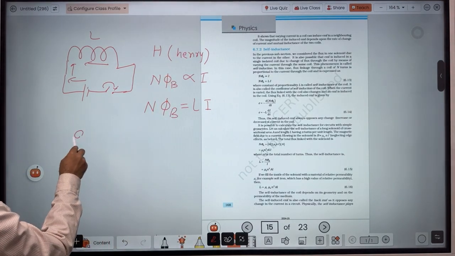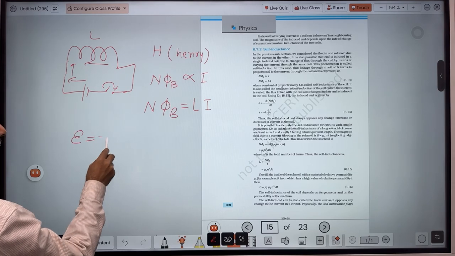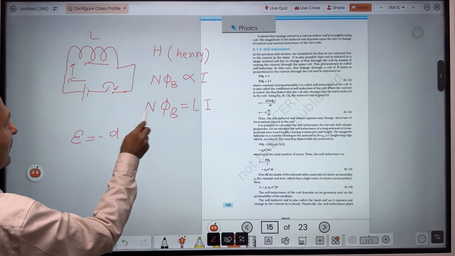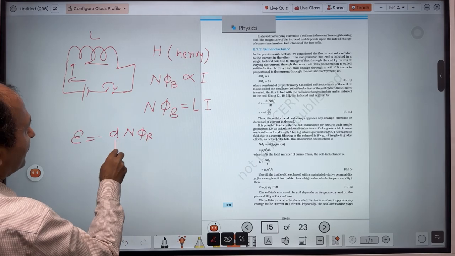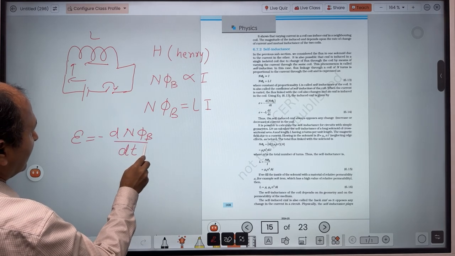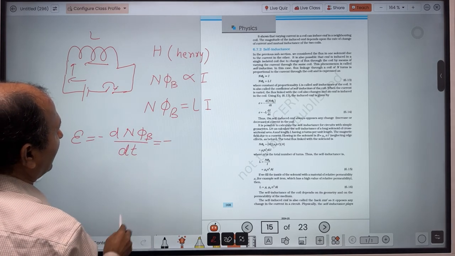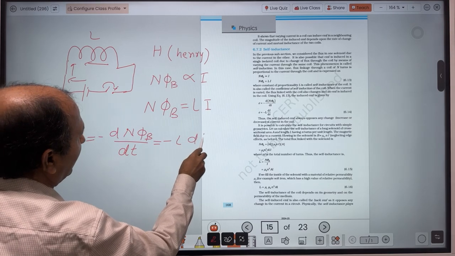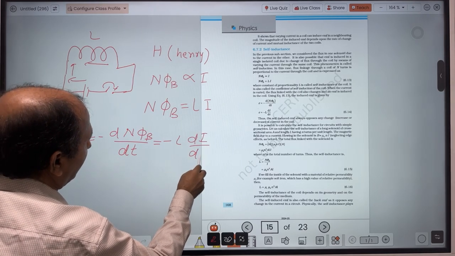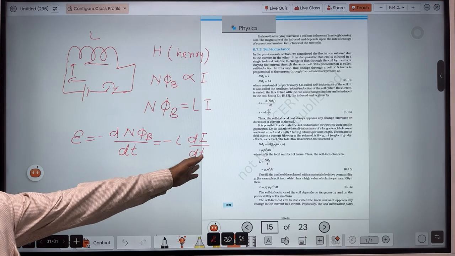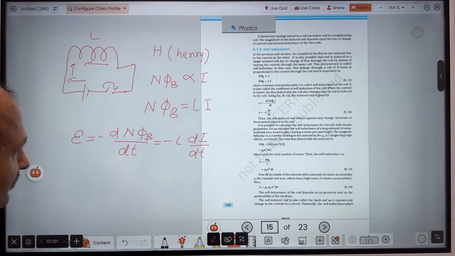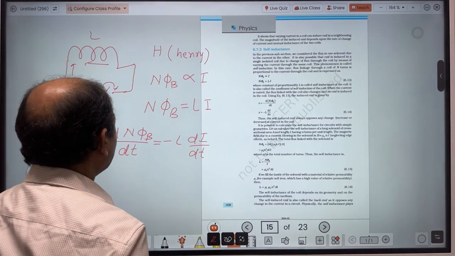Now the EMF induced is equal to minus d phi by dt. Here the total flux is N phi b, so minus N d phi b by dt, which gives minus L di by dt. Here di is the change in current and dt is the change in time. So this is the basic expression.